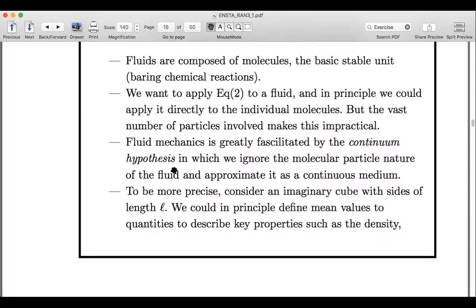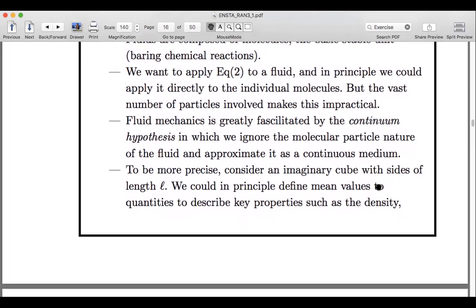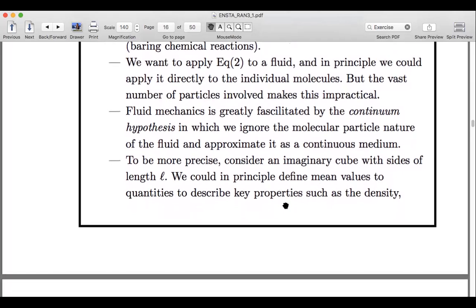By that we mean we're going to ignore the particle nature of the fluid and approximate it as a continuous medium. So that's the main conceptual point, the take-home message. And now I'm going to try and explain that and justify it in more rigorous detail.